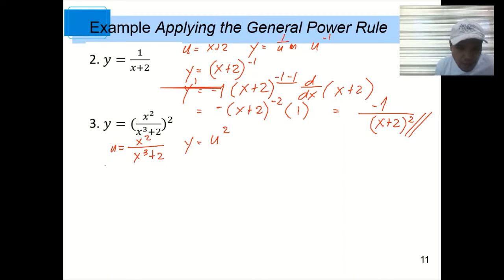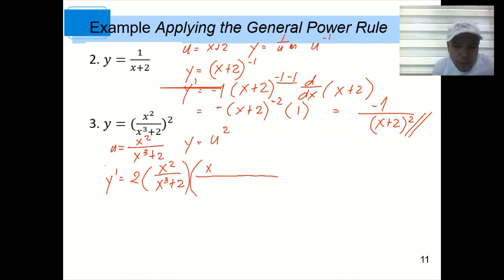So let's proceed. So y prime is equal to 2 times x squared over x cubed plus 2 times the derivative of the inner function. As I said, we will be using the quotient rule.